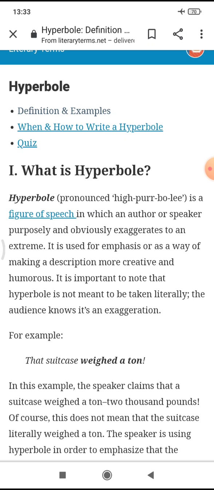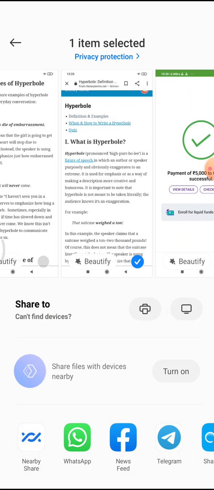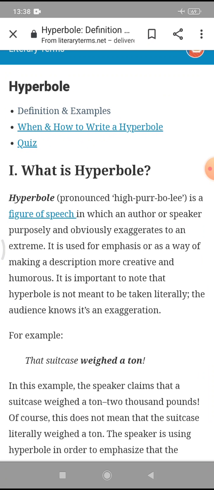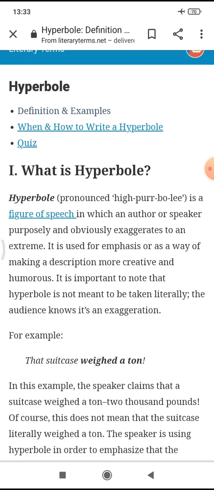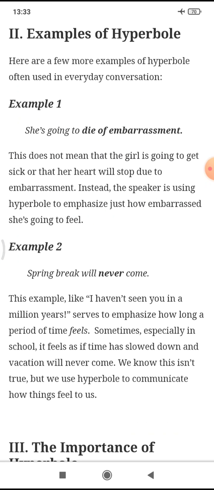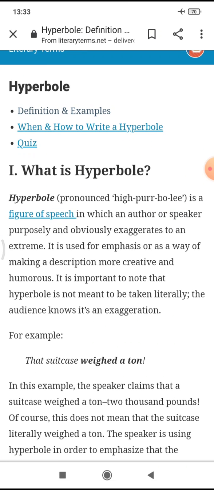The speaker is using hyperbole in order to emphasize that the actual meaning of this statement is to show the weight of the suitcase, that it is very heavy, too heavy to lift.